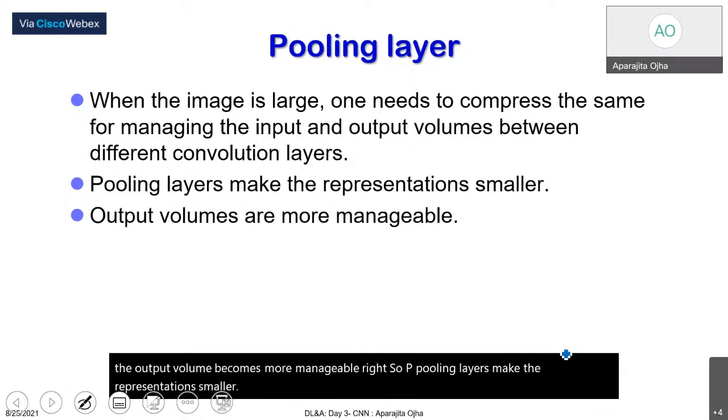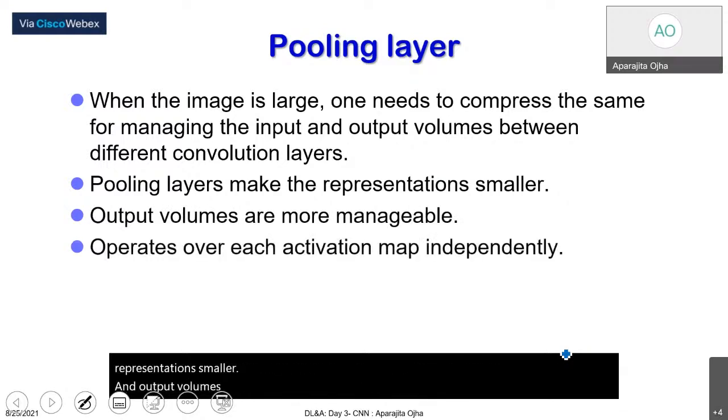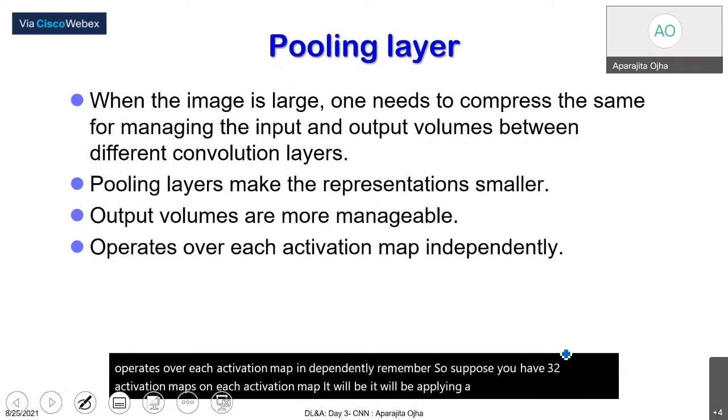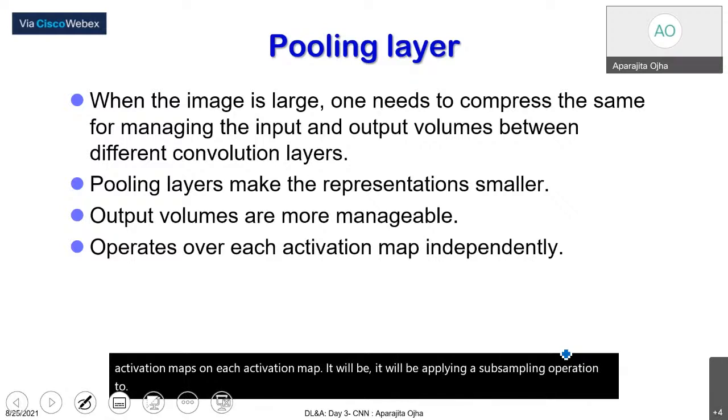Pooling is a kind of subsampling. It operates over each activation map independently, remember. So suppose you have 32 activation maps. On each activation map, it will apply a subsampling operation to downsample the input.